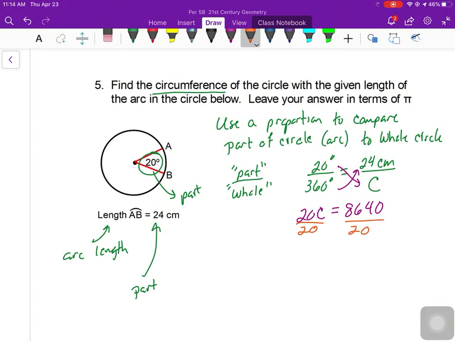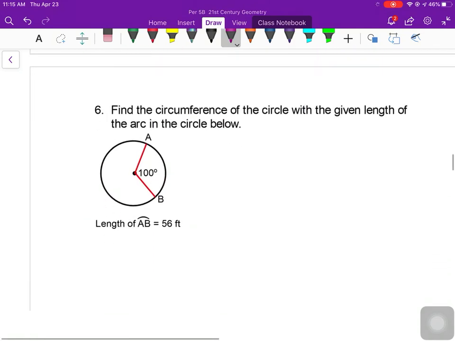To finish solving it, we'll divide by 20 on both sides. We come up with the circumference equals 432 centimeters. Whenever you're given information about the part of the circle, the arc length, and you're asked to find the circumference, that's when you'll use proportions and cross multiply.